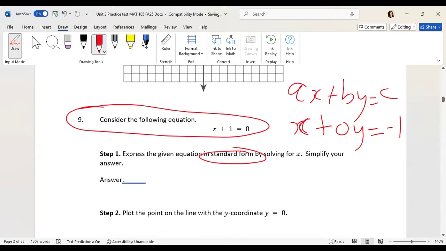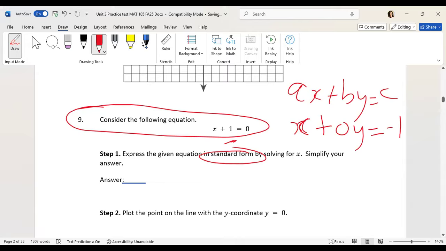Make sure you know how to write the equation in standard form. It will help you observe a lot. So I have x plus 0y is equal to -1. I hope you know why it's -1. I move the constant to the right-hand side. Okay, so what else do I need?